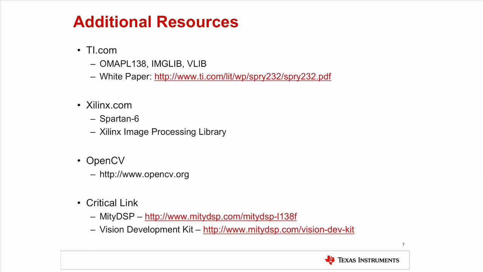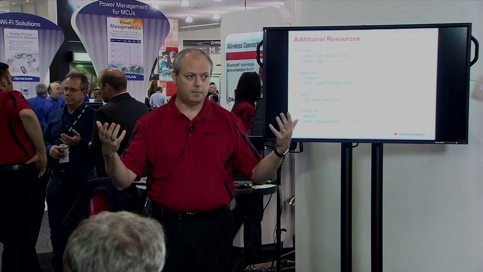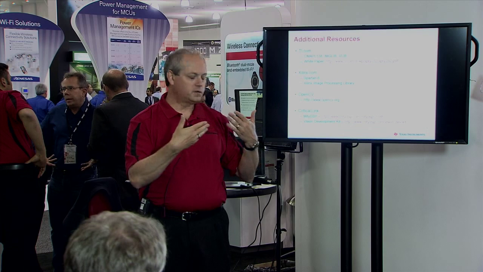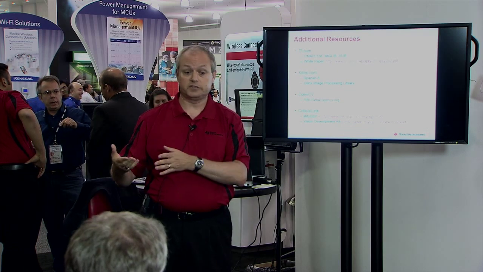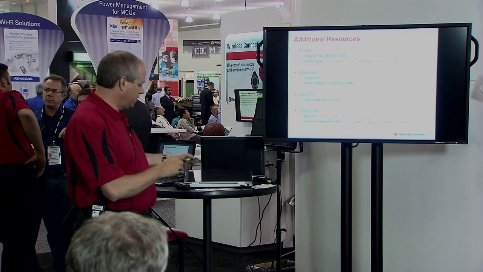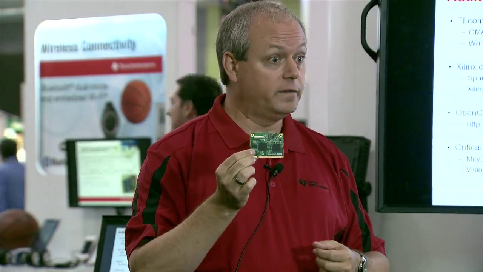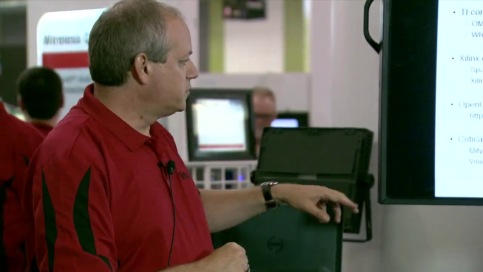Or if you'd like to use just the Mighty DSP-L138 that marries the OMAP-L138 to the Spartan 6 FPGA system on module, that is this little guy right here. You can come to Critical Link or mightydsp.com/mightydsp-L138F.